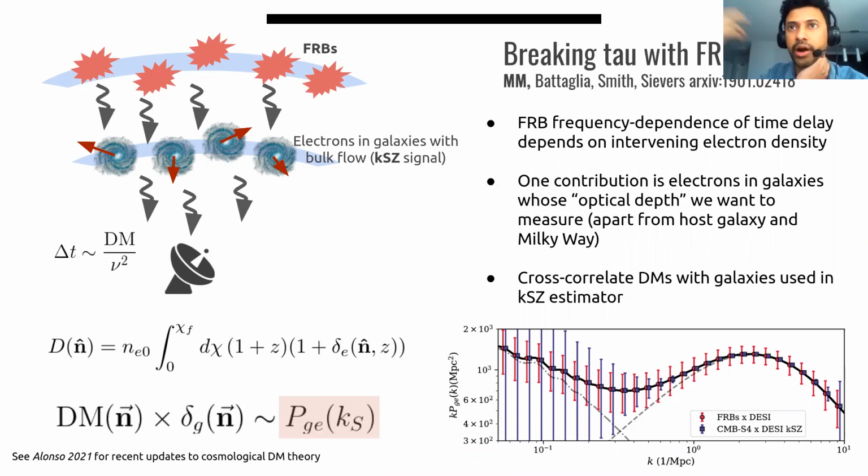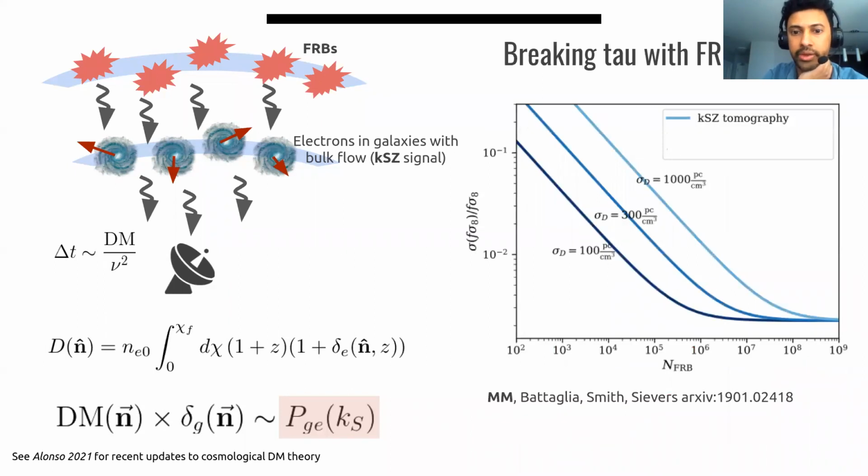You can translate this to a prior on the optical depth that you can obtain. The more FRBs that you have, the lower the noise in the map of dispersion measures that you make, and the smaller the error bars on the underlying galaxy-electron cross power spectrum. And so what you can now do is take the velocity measurements whose amplitudes are uncertain, and break that optical depth degeneracy. You can add a prior. So now I'm looking at the constraints on the growth rate, the product of the growth rate and the amplitude of matter fluctuations, f sigma 8, as a function of the number of FRBs.